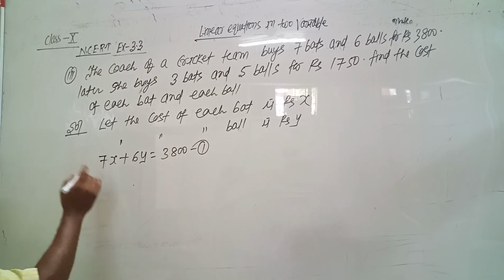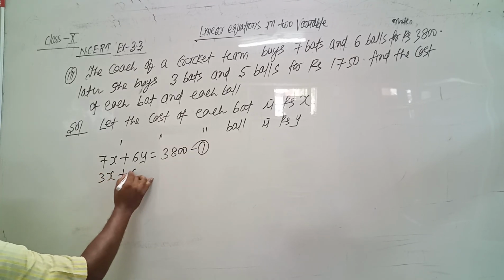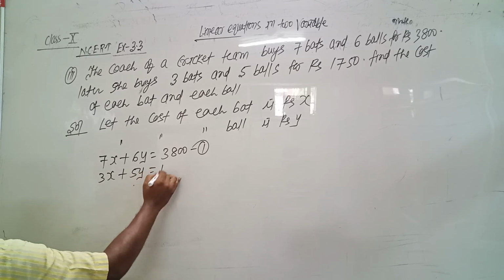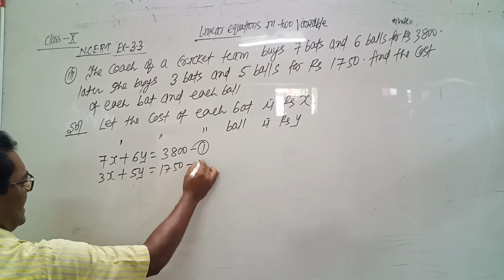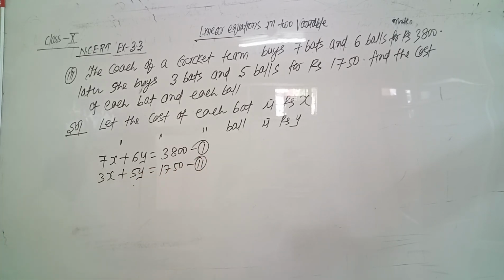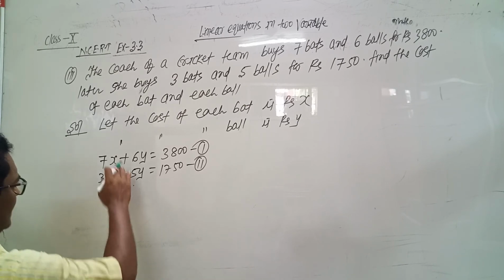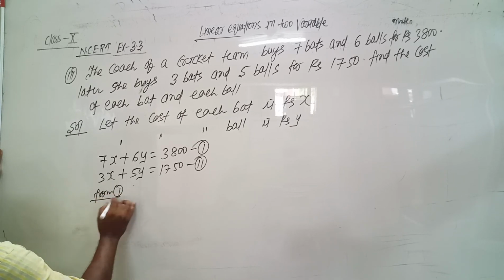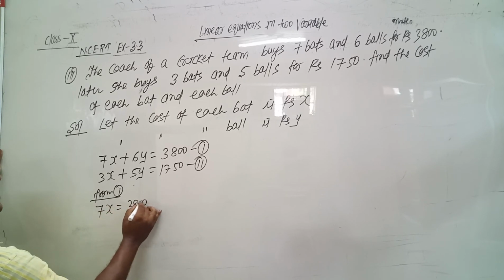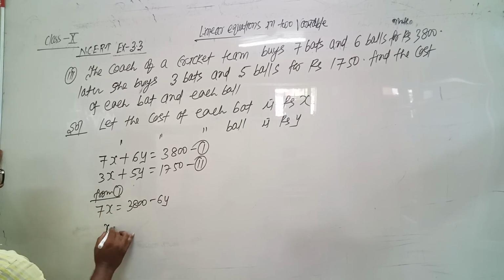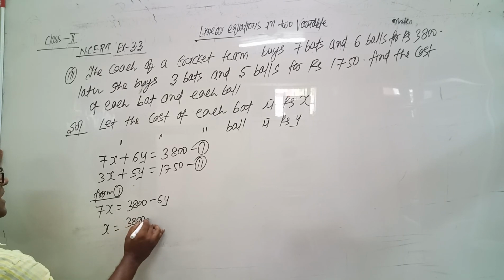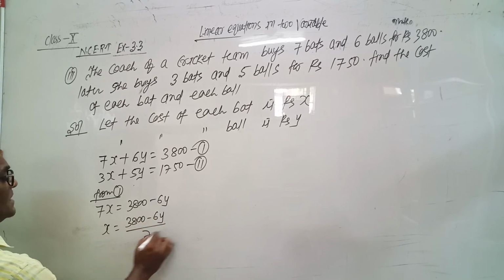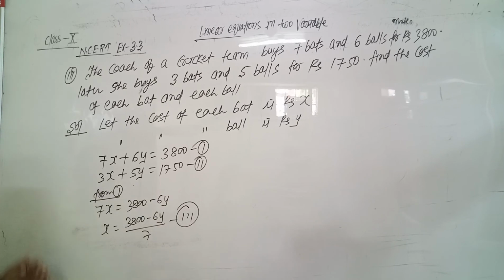And the cost of 3 bats is 3x and 5 balls 5y is rupees 1750. So we have to find the value of x and y. So we eliminate x from the first: 7x equals 3800 minus 6y, and x equals 3800 minus 6y by 7. Name it third equation.